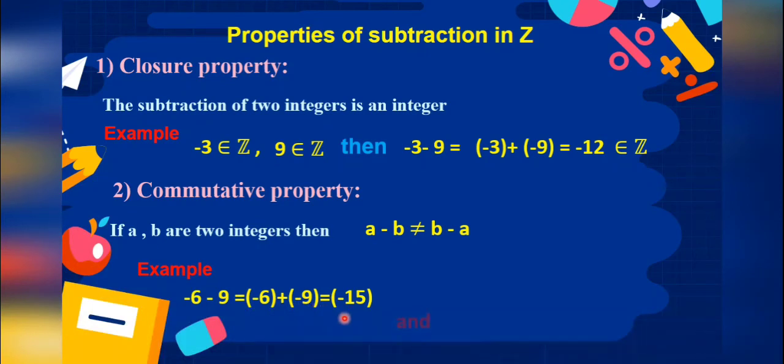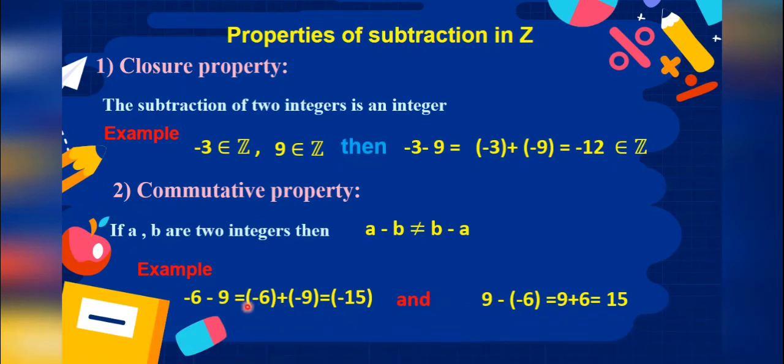When you find 9 minus negative 6, you will find the answer is 15. So the commutative property doesn't go with subtraction. When you change the places of the numbers, you will not have the same answer.